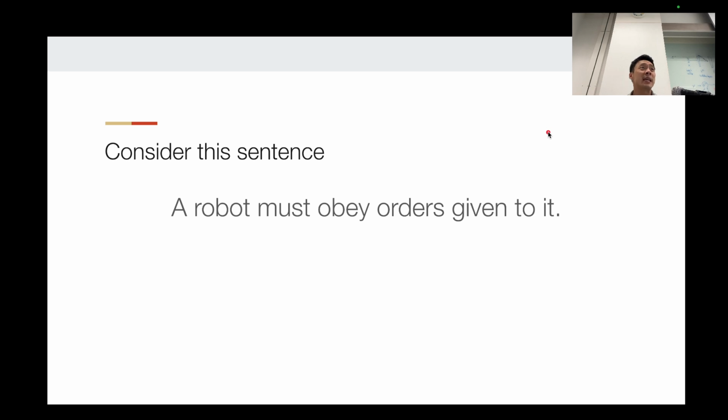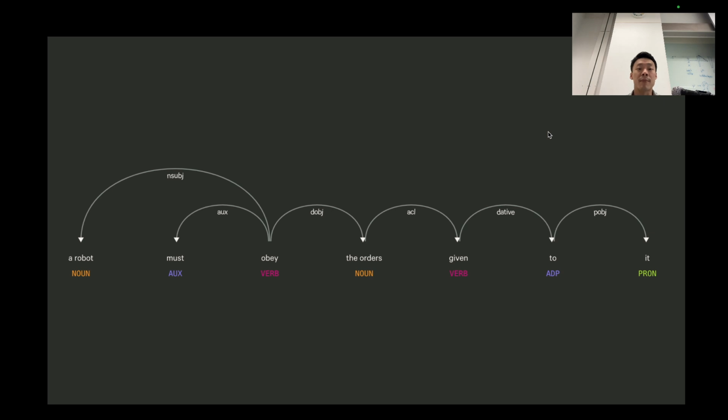So there are many relations between words. To be able to understand this sentence, you need to model these relationships, these dependencies. And this is what linguists have been looking at for a long time already. When you study grammar or syntax, we look at relationships between words, right?